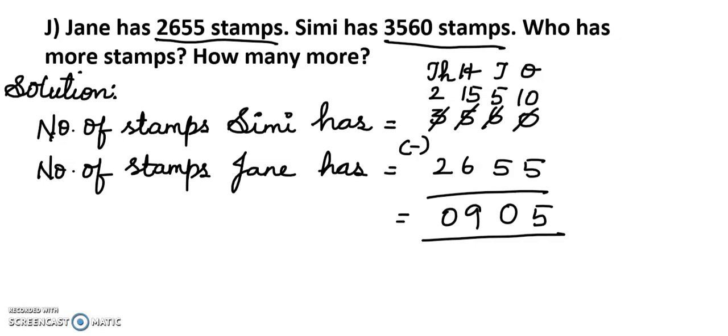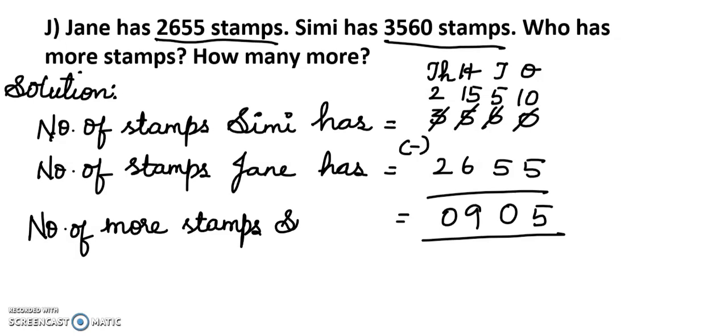So how many more stamps does Simi have than Jan? 905. So number of more stamps Simi has: 905. Then the answer. First one, who has more stamps? Simi has more stamps.